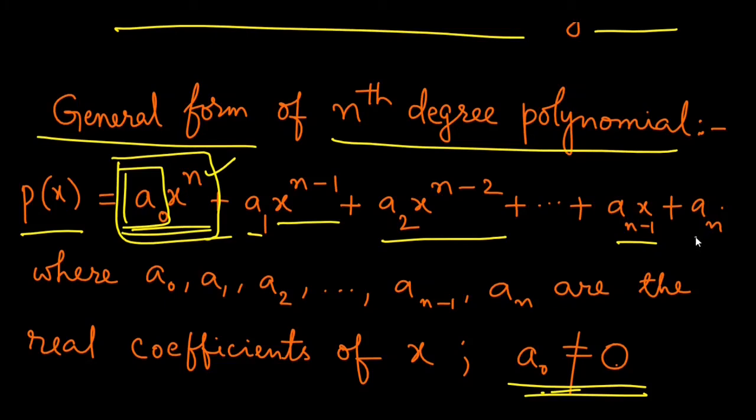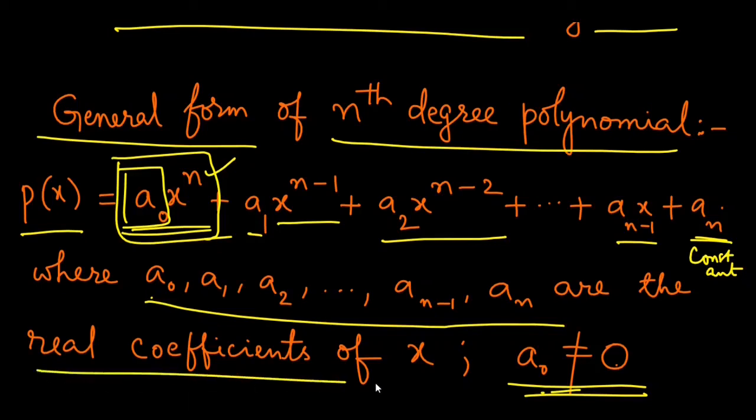This is the last term. This is constant term. Here the coefficients a0, a1, a2, etcetera, an are the real coefficients of x. These values are real numbers.